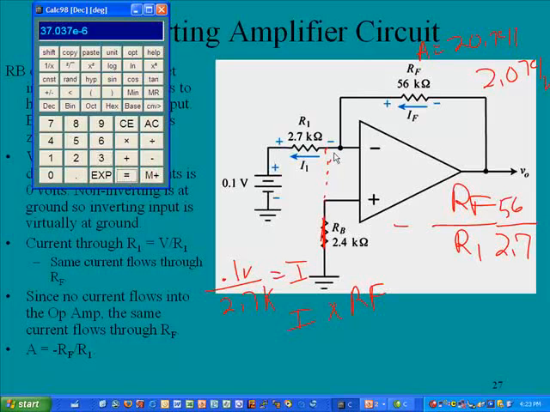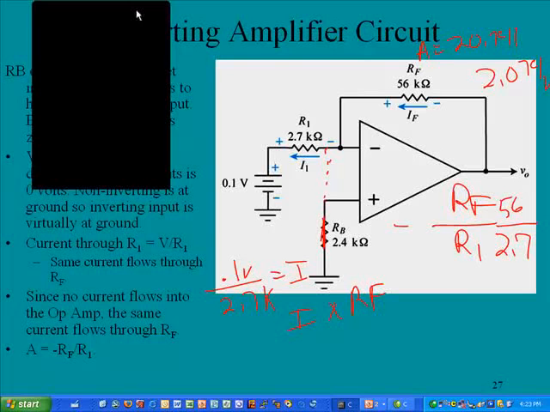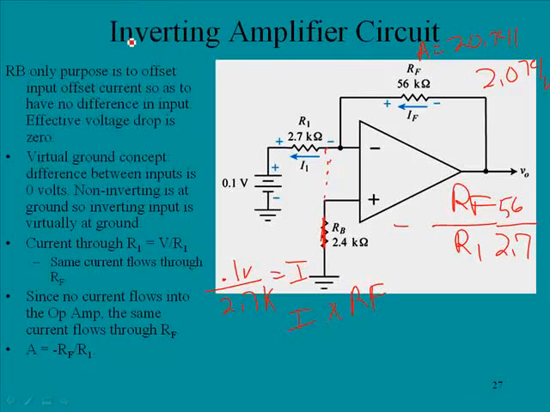And remember, that current will be felt through the 56K, so we take that times 56 times 10 to the 3, and there we have exactly the same value, 2.074 volts.